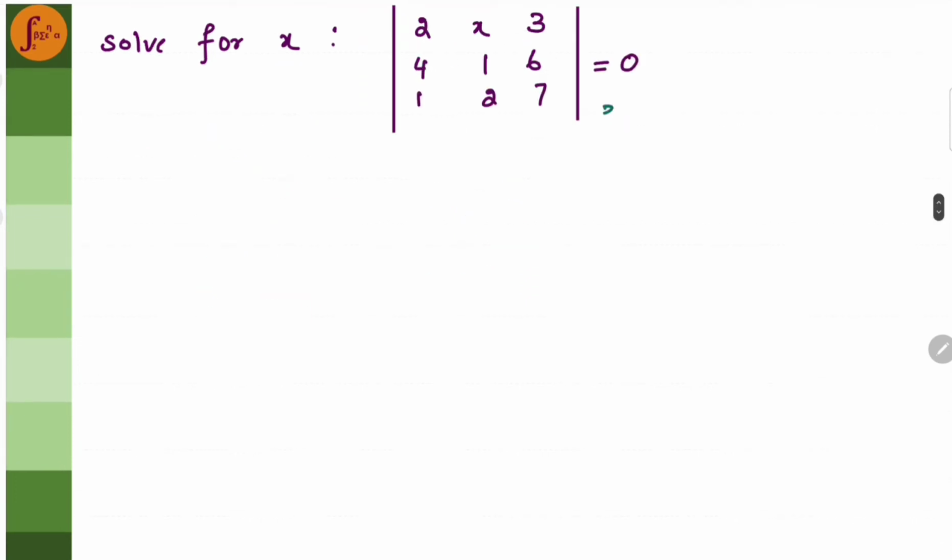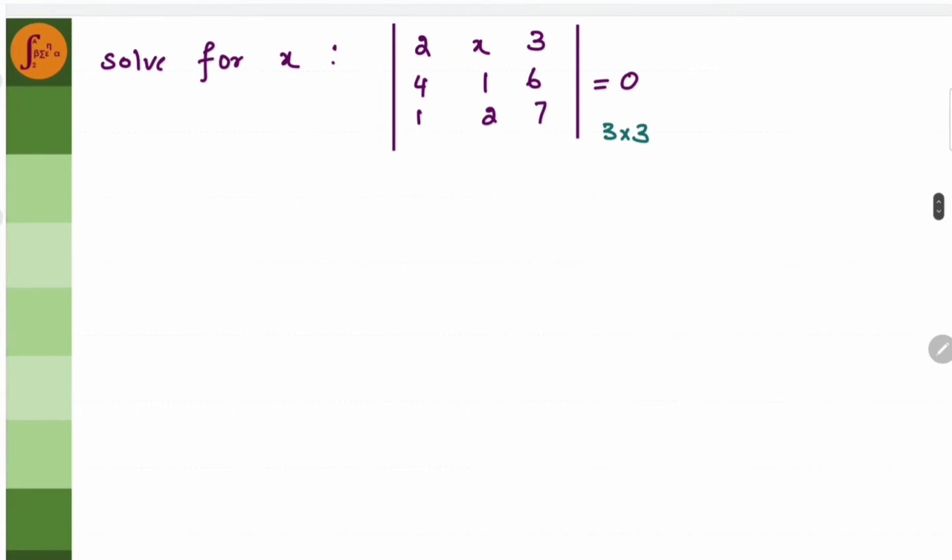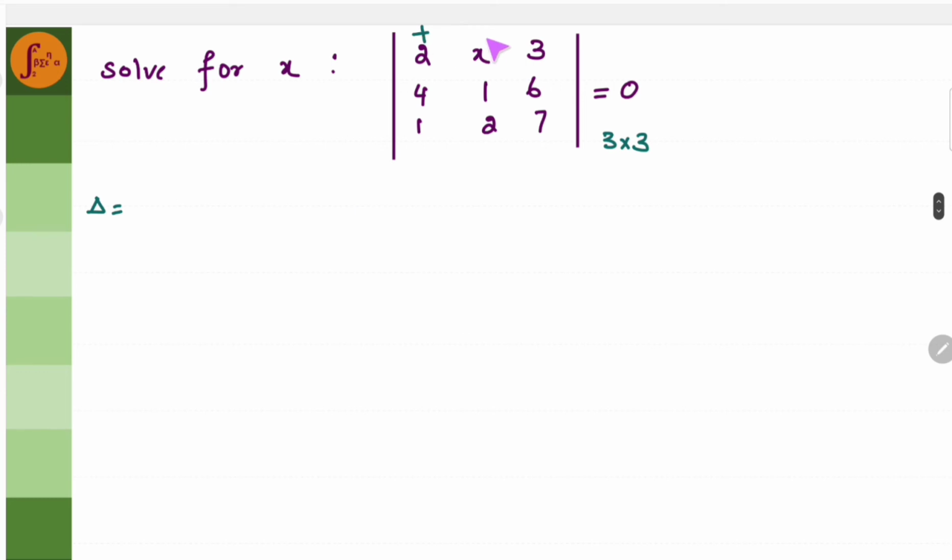Let's do the same thing for a 3 by 3 matrix. That is, we have to find the value of x. So we'll have to find the determinant. Let's use the first row elements, because x is in the first row. So determinant is equal to, first let's put plus, minus, plus so that we don't forget the sign.